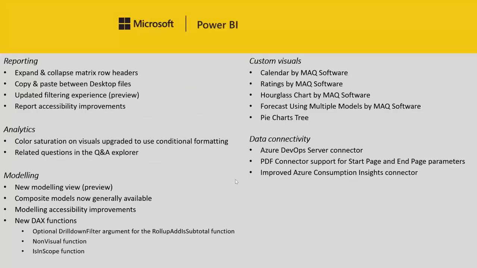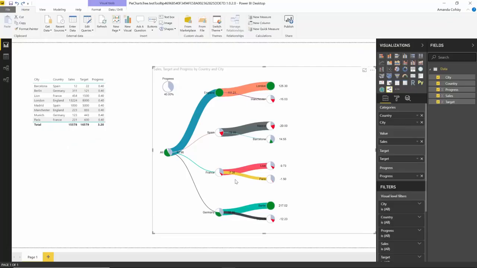The last custom visual is the pie charts tree, and this is a tree visual that you can set up. What you're looking at now has all the different functionality on it at once, but you can pick what you use and what you don't. The base of it is that you need to have a hierarchy in your categories bucket. As soon as you have that, you'll have the tree structure available.